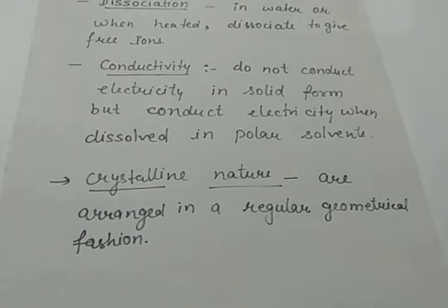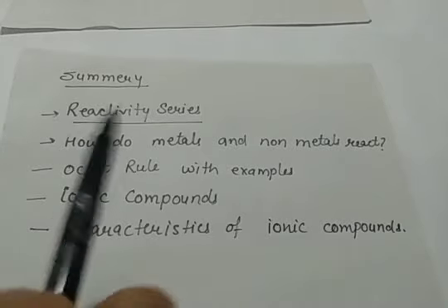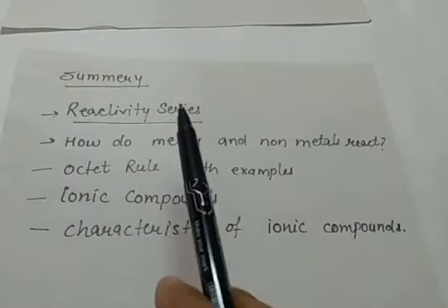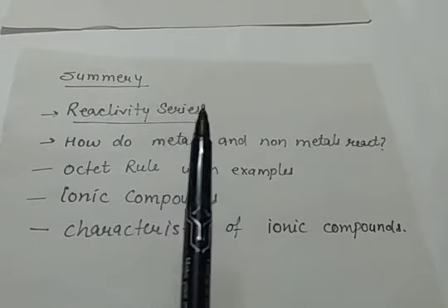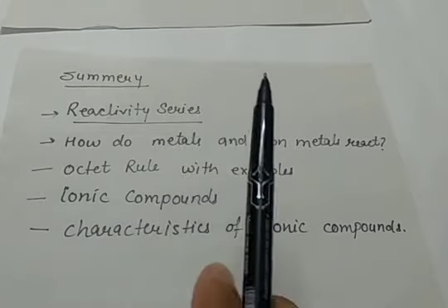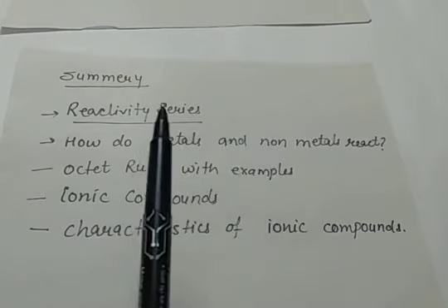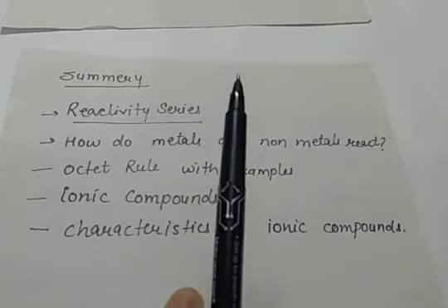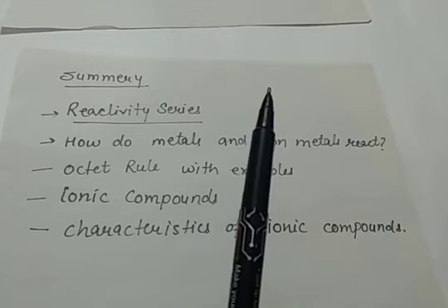So this is it for today. Let us summarize the lecture once. We started with the reactivity series, the ordered arrangement of the metals according to their reactivity in decreasing order, where the most reactive metals are placed at the top and the least reactive metals at the bottom.